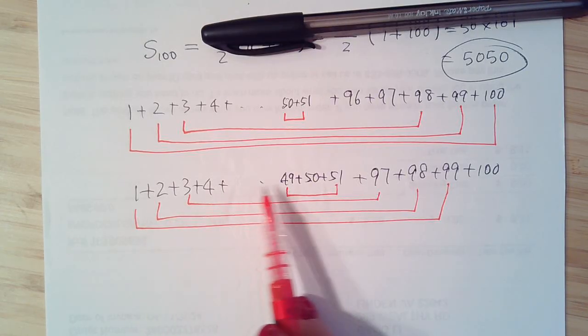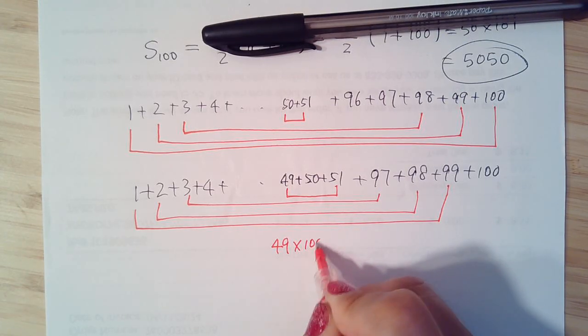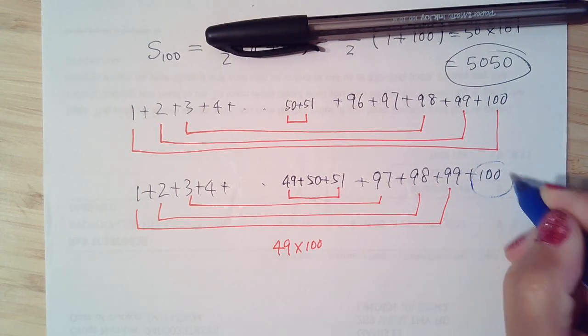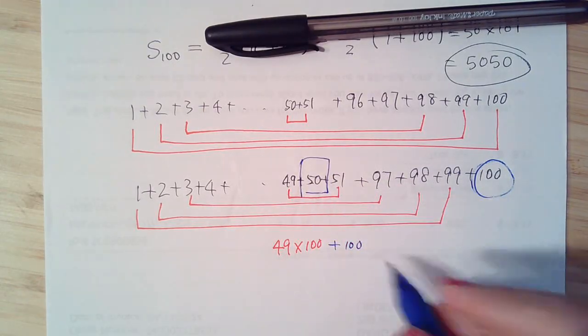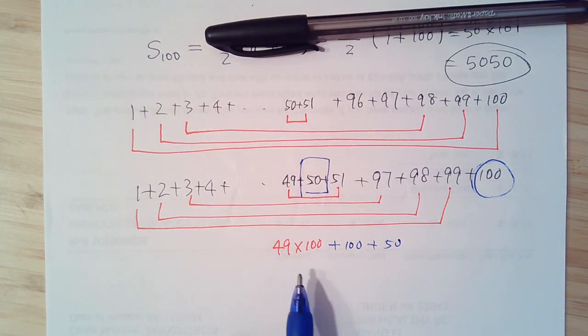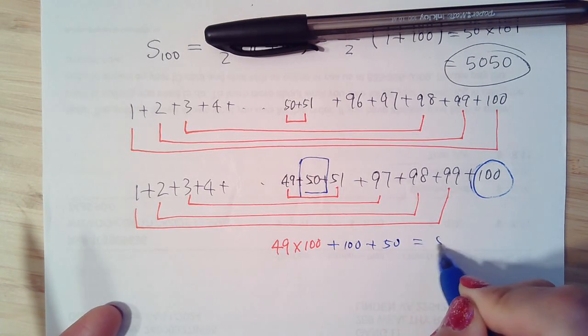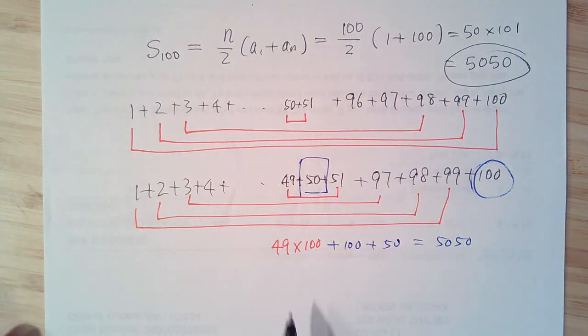Therefore, from 1 to 49, there are 49 times 100, right? The one in red. And then this is also 100, so I'm going to add another 100. Something is missing, so I'm going to add 50. That is 4,900 plus 100, that's 5,000. So the answer is also 5050. Either way you think, basically what you're doing here is using the special feature of this arithmetic sequence.